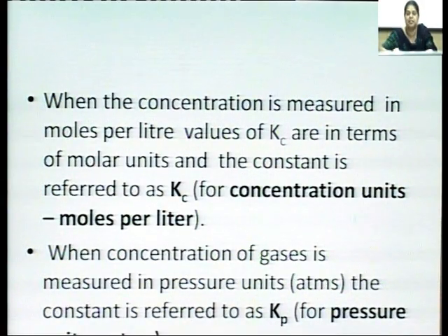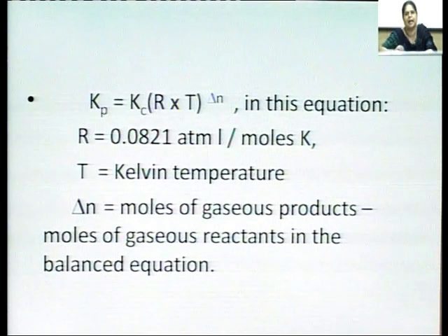Now, the relationship between Kc and Kp can be represented like this: Kp is equal to Kc into (RT) raised to the power delta n. In this equation, R is the gas constant and its value is 0.0821 atmosphere liters per mole per Kelvin.